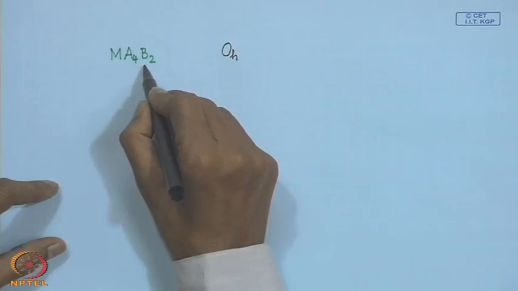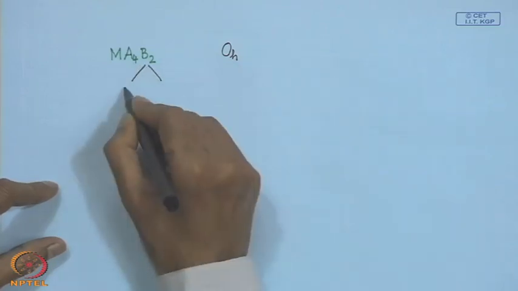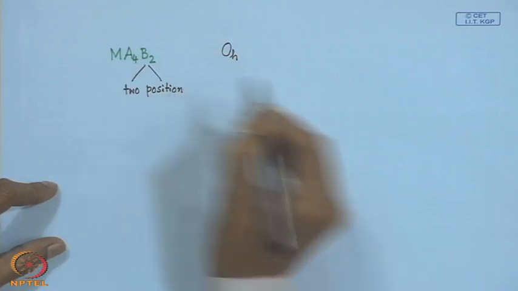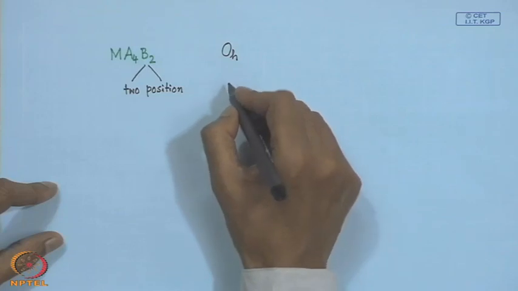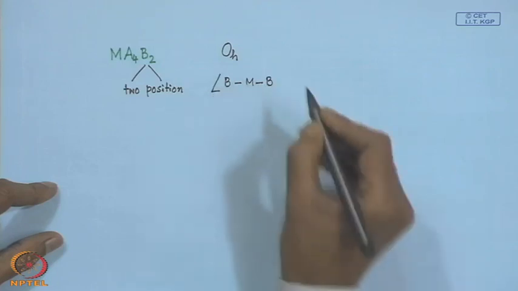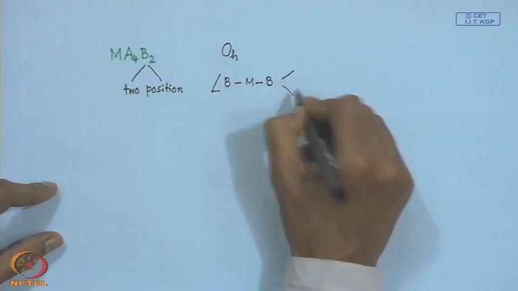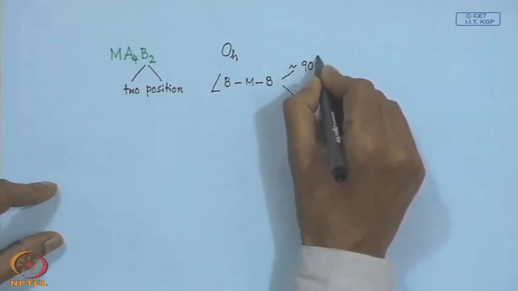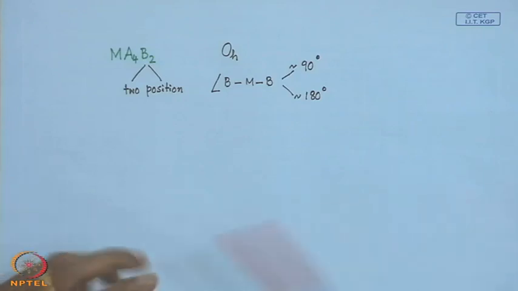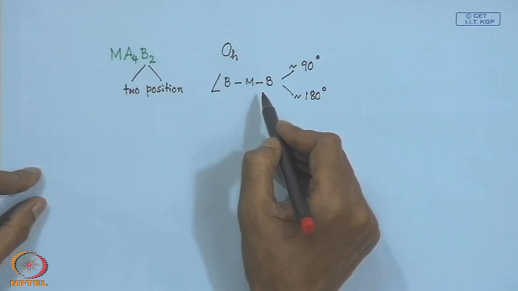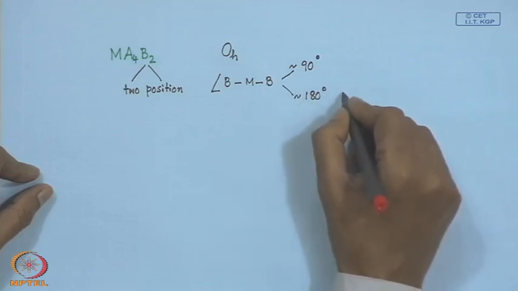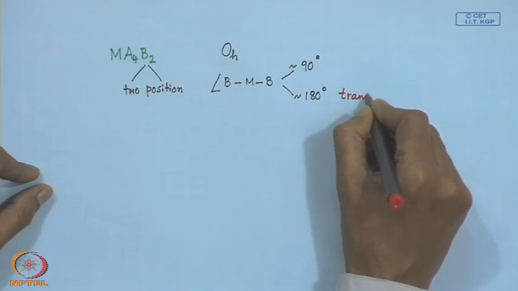When we fix this particular geometry and get an octahedral geometry, B2 can have 2 positions. For the BMB angle, we can have 2 types of angles, one close to 90 degrees and another close to 180 degrees. When the B groups are opposite to each other, as is also true for square planar geometry, we get the trans isomer.